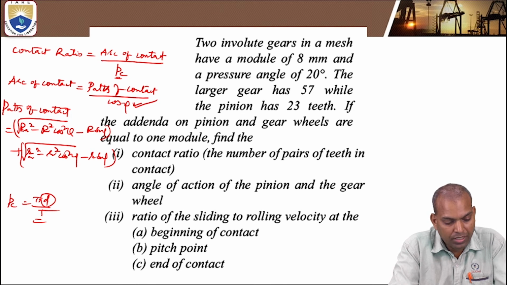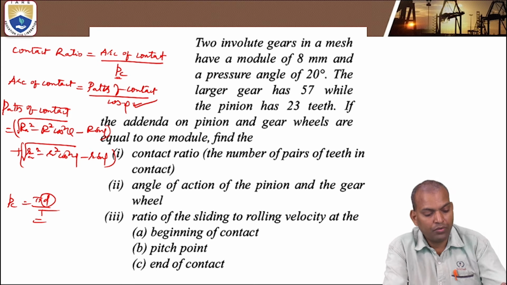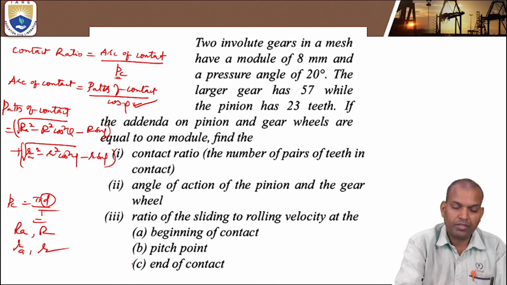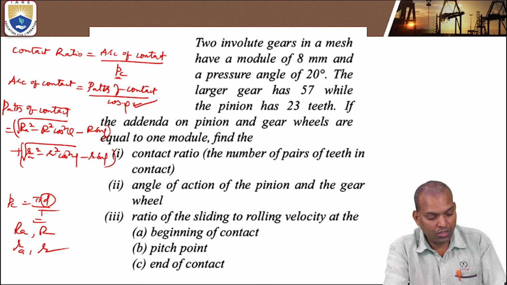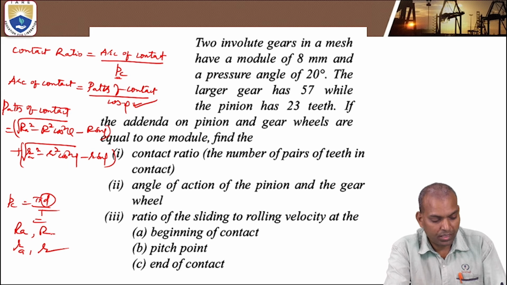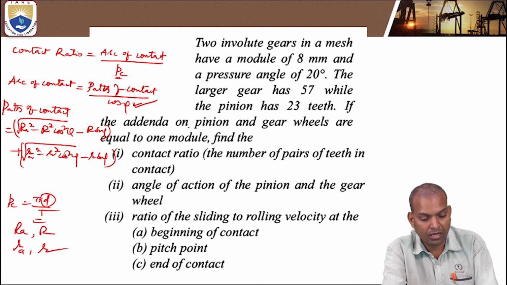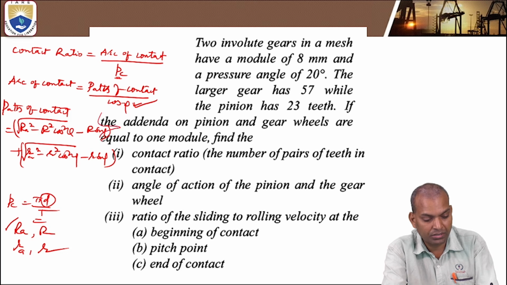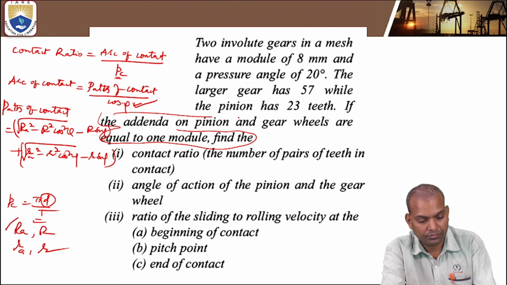And for the path of contact, we need the values of capital RA and capital R, small ra and small r. So how to solve? Capital RA comes from pitch circle radius plus module. The module is given here as the addendum on pinion and gear.